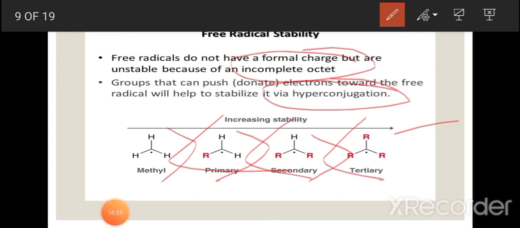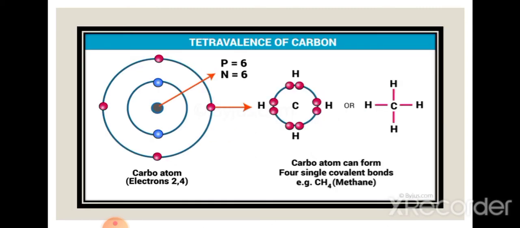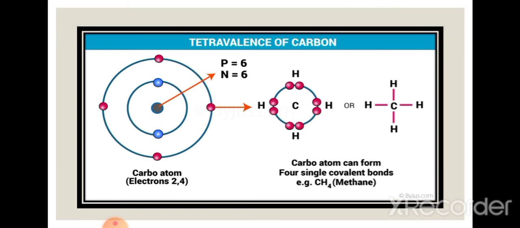Let's see carbocation. Carbocations are chemical species having a carbon atom containing 6 electrons in its valence shell and bearing a positive charge. Earlier these were called carbonium ions. First see the structure of carbon. Carbon possesses tetravalency. The atomic number of carbon is 6.